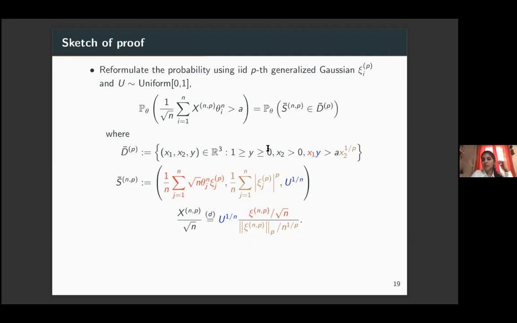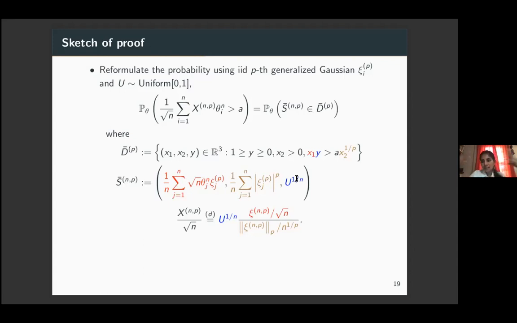So I'm rewriting my probability, without the details, in terms of certain IID sums, where S bar_NP is given in terms of these generalized Gaussian random variables and their p-norm. So this is the p-norm to the p, okay? I'm taking the p-norm, and then of course I have to worry about where I am on the ball. If I'm looking at just the sphere, I only need these two. If I'm looking also at the ball, I need this third direction to tell me where I am on the ball.